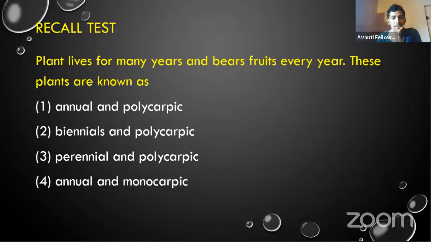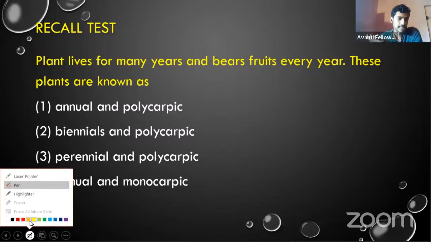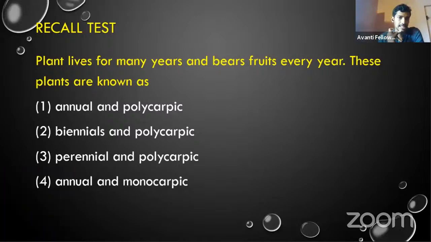I'm ending the poll and sharing the results. 15% chose option A, 8% B, 75% C, and 2% D. On YouTube, everyone chose option C. Let's see the correct answer. They are asking about a plant that lives for many years.